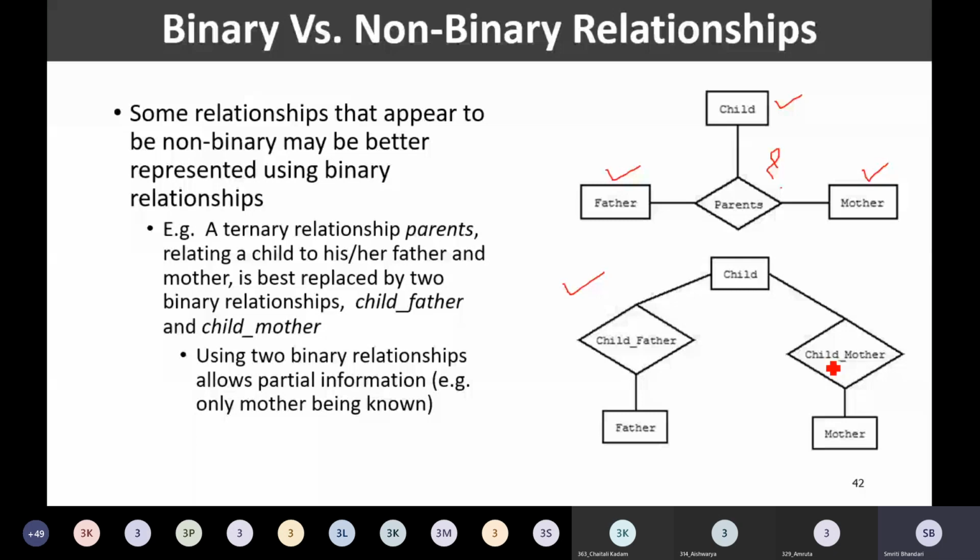Whether both are the same or different, whether the same information is being represented by the ternary relationship, and whether it is possible for me to represent the same information using two binary relationships like this.